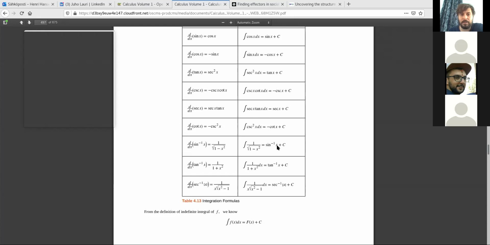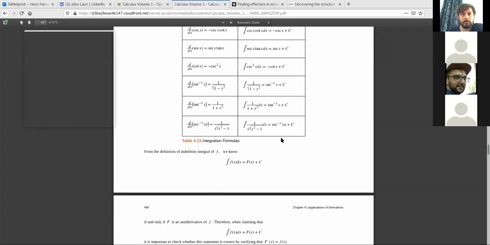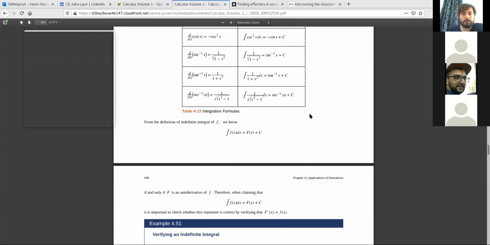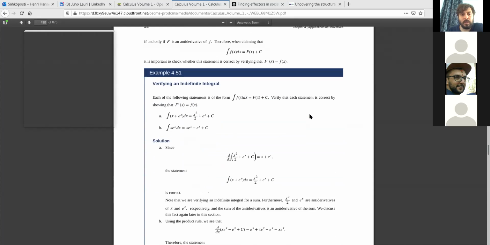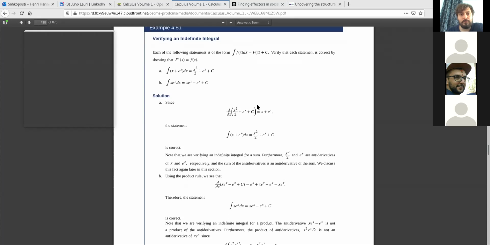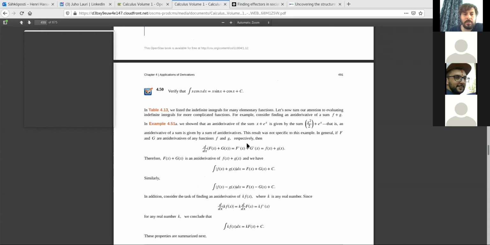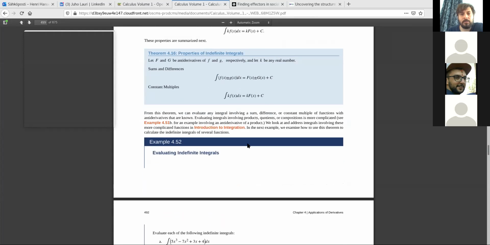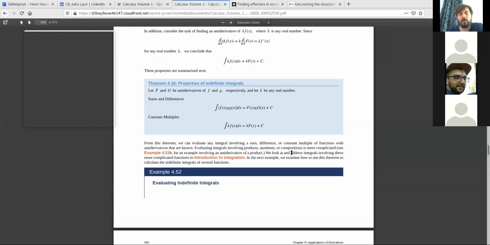Then you can find them in here. So here are some examples. You should verify the statements. Not going to go in there, not too keen on doing this.